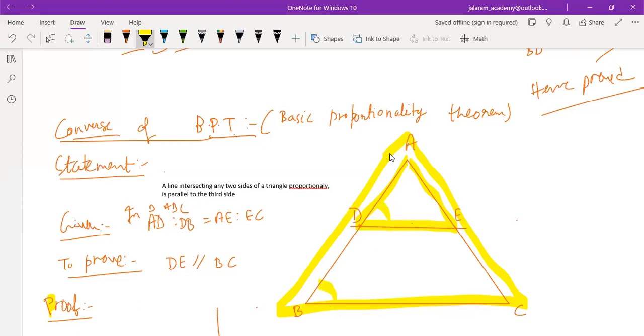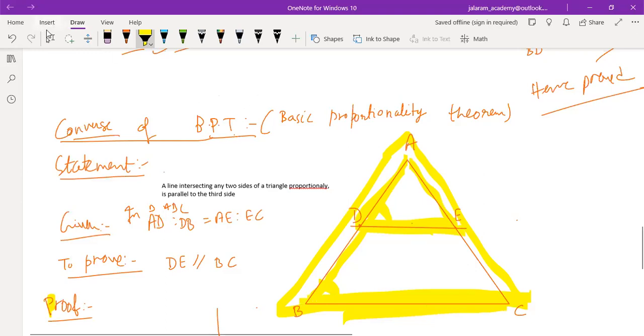So we will be able to prove that angle ADE equals angle ABC. If these two angles are equal, then the lines DE and BC will be parallel to each other. This is by the corresponding angles axiom, that if corresponding angles are equal, then the lines are parallel. So let's first prove that triangle ADE and triangle ABC are similar.